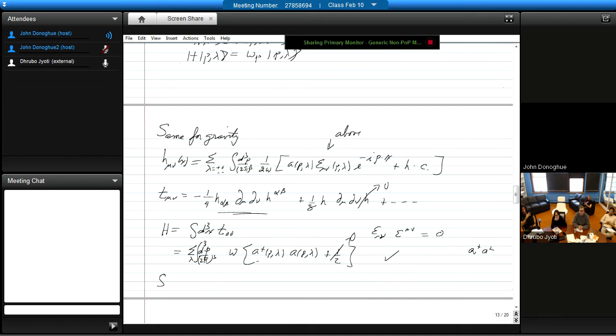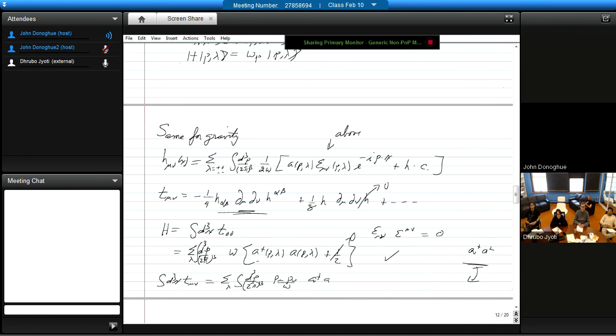In fact, the whole T mu nu, if I do the integral d3x T mu nu, you can see it's covariant there. This ends up being the sum over lambda of the integral d3p over 2 pi cubed, p mu p nu over omega, A dagger A. And again, I have not worked out the off-diagonal ones. In this case, it's not as obvious.